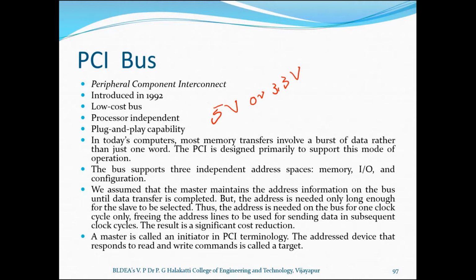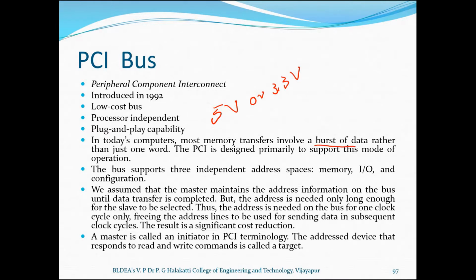For a write operation, the processor sends a memory address followed by a sequence of data words to be written into successive memory locations starting at that address. The PCI bus is basically designed to support this burst mode of operation. So, you have to remember this.